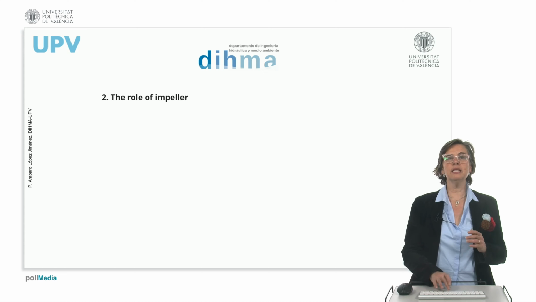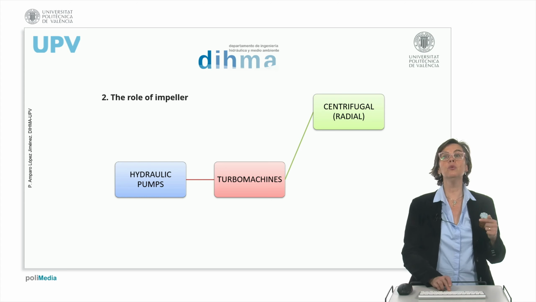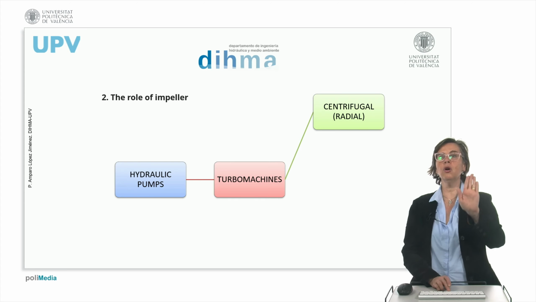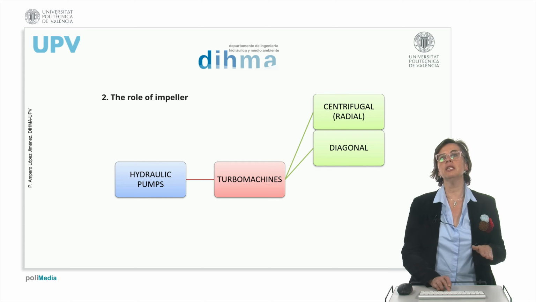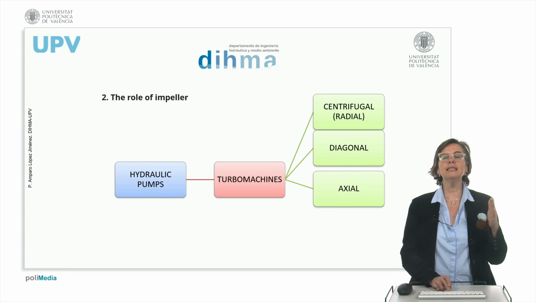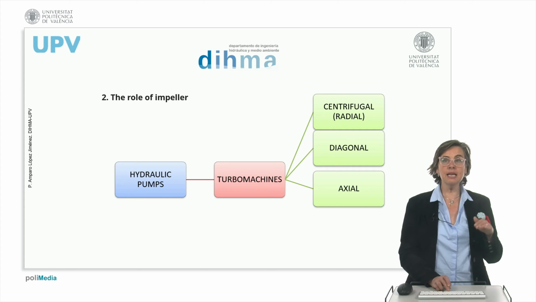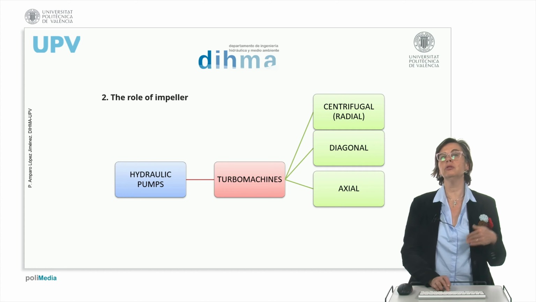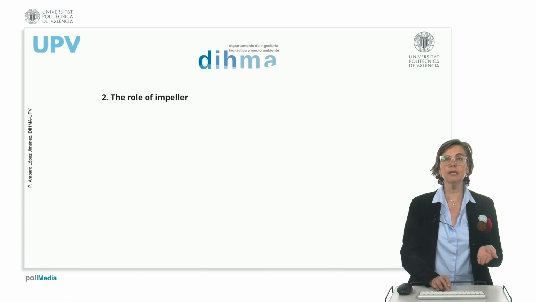So in the first case, the role of the impeller gives us centrifugal machines, which are machines in which the flow goes perpendicularly to the axis, diagonal machines in which it goes at any angle, and axial machines in which the flow comes into and goes out of the machine in the same direction, so they are axial, the axis direction.